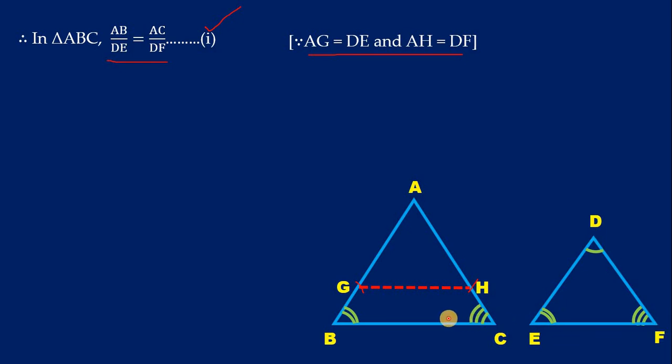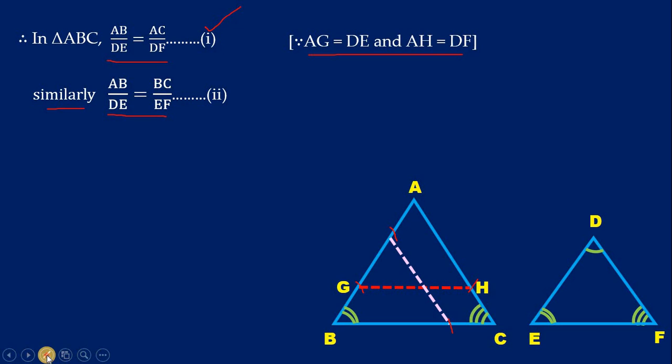If I take points on BC and AB, and if I join these points, what can I get? I can show in that case AB by DE is equal to BC by EF. So no need to prove that, directly you write like that.